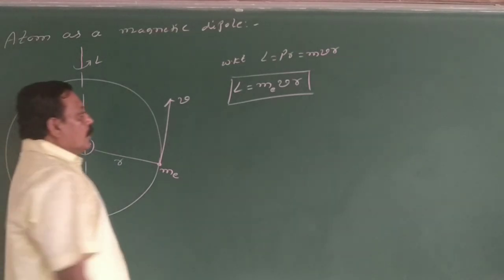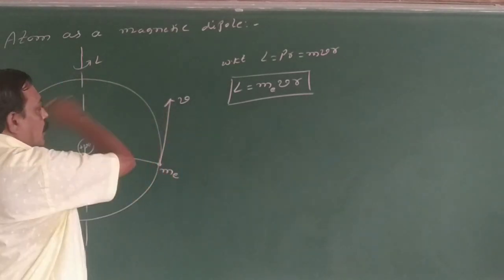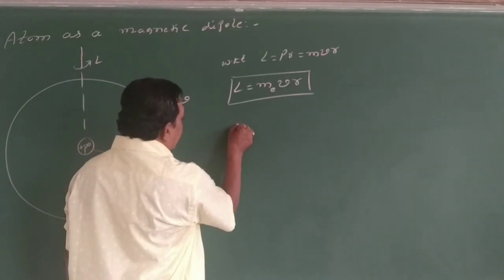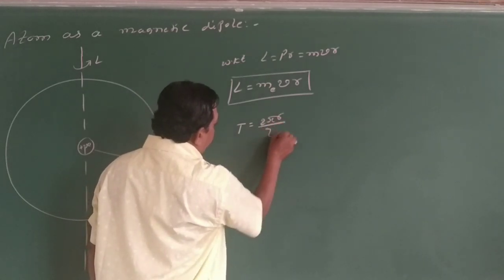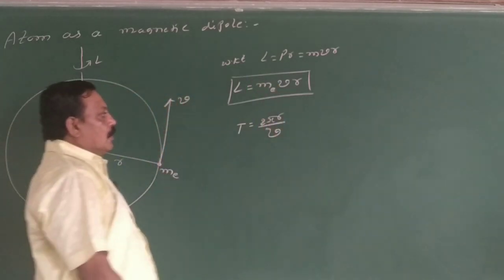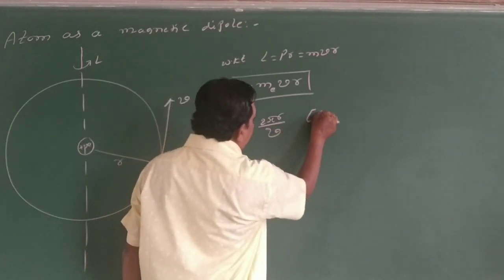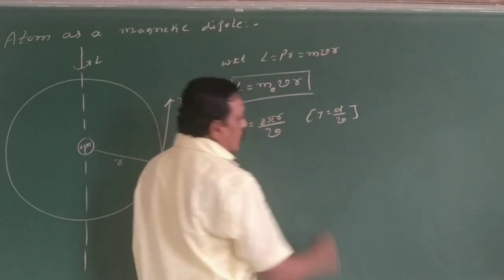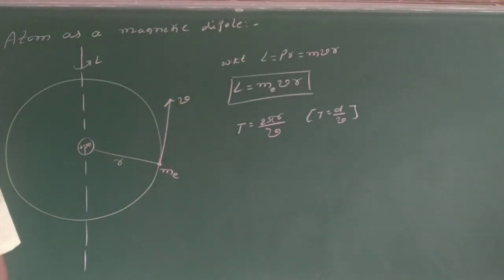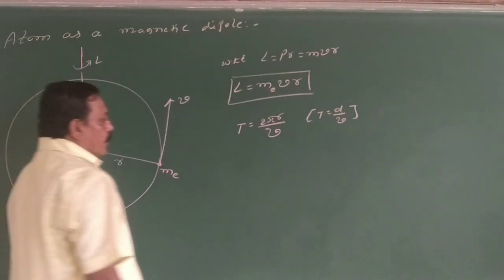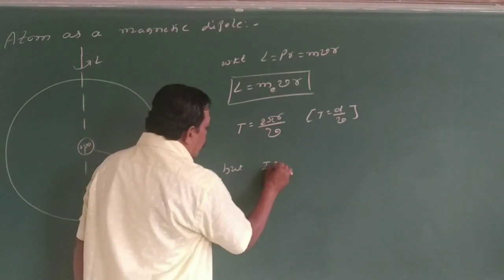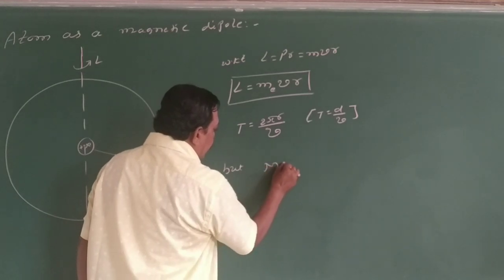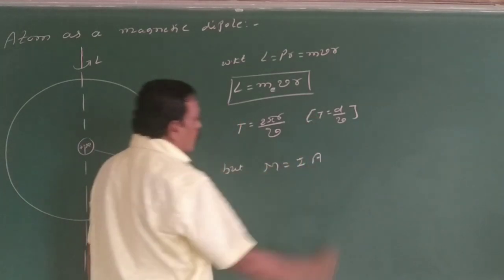Then the time taken for one complete rotation is T equals the distance covered on complete rotation divided by v, that is the circumference 2 pi r divided by v, right? Then I need the magnetic dipole moment, M equals the product of current and area of the loop.